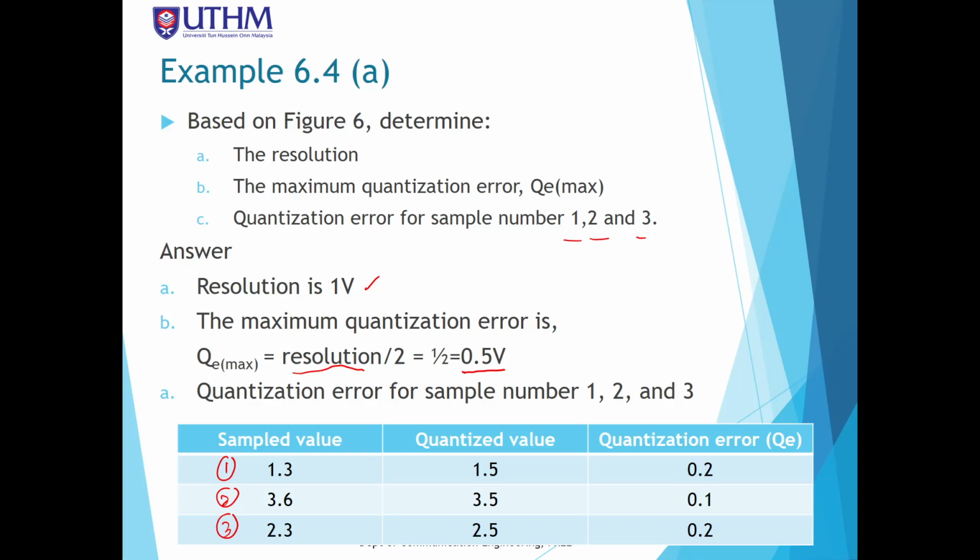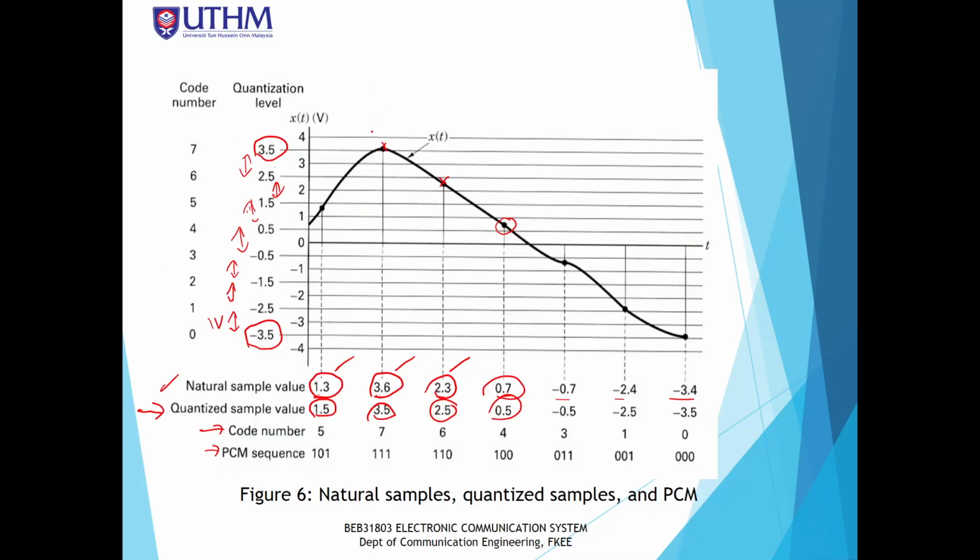So when we do the quantization, we round up 1.3 to the nearest level, which is 1.5. From 1.3 it becomes 1.5.